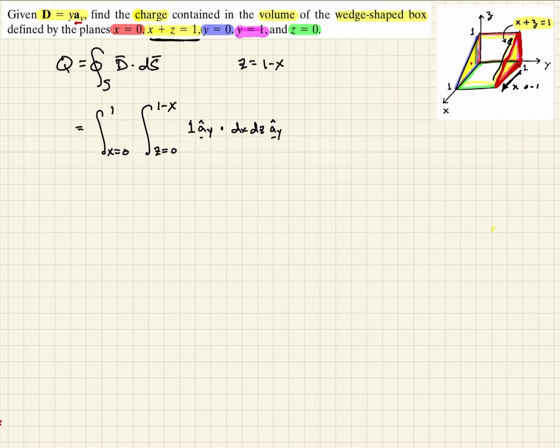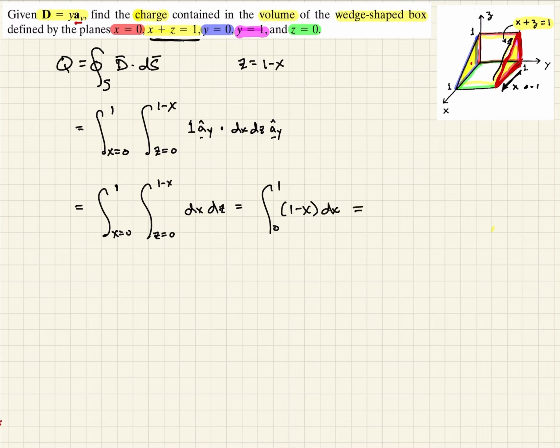So now we can just perform this integral. It's just a simple calculus problem now. And so we could rewrite this just to make things simpler. It's just going to be x equals 0 to 1, integral z equals 0 to 1 minus x of dx dz. And when we perform the inside integral of z, that's going to give us the integral from 0 to 1 of 1 minus x, because we've integrated over the z term, dx.